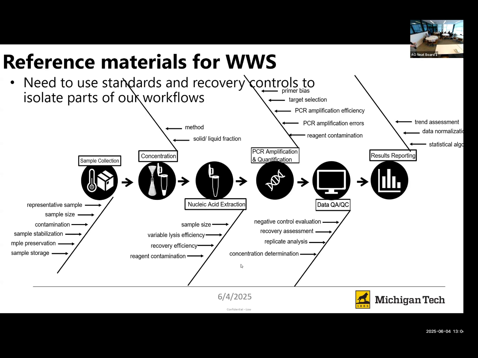So even if you're just changing the PCR step, you're going to be changing things like your amplification efficiency, your primer bias, your amplification errors. These are all things that we want to establish controls and standards that we can account for. And so kind of talking about what we can account for or what we can use to try to do that. Next slide.